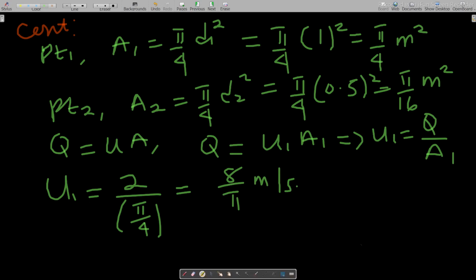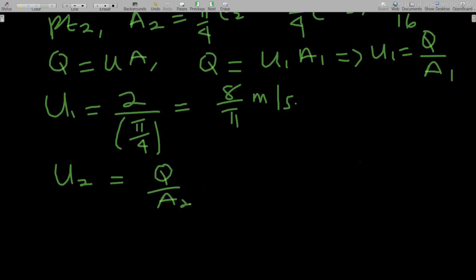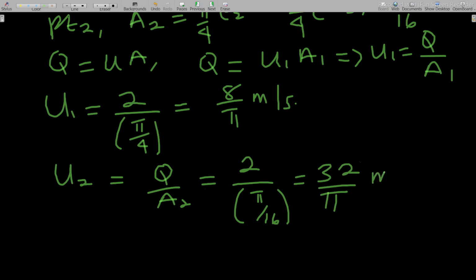Now U2 is also simply the same thing, Q over A2, because they are the same. So I have 2 over A2, which is π over 16, and that is 32 over π meter per second.